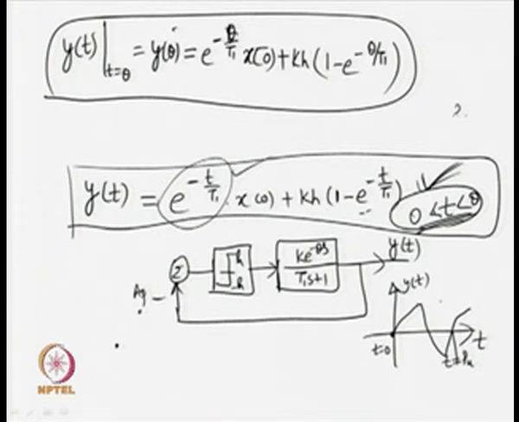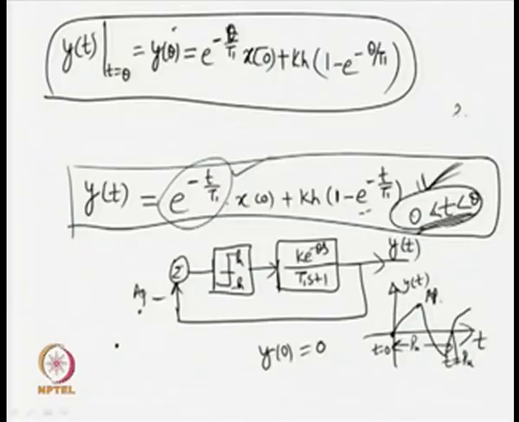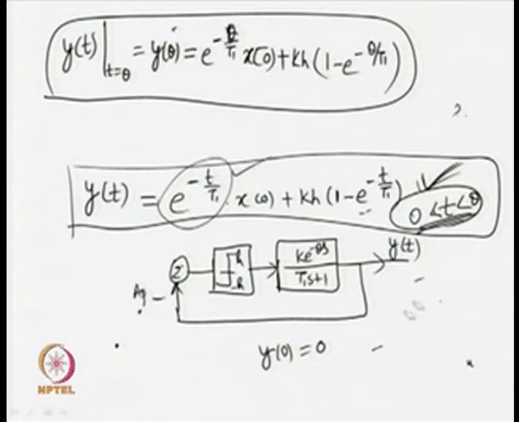To get the peak amplitude and ultimate period, we have to concentrate on the stable output waveform for at least one period. And by convention, we assume that the first zero crossing occurs at time t equal to 0. Therefore, y0 will be equal to 0.